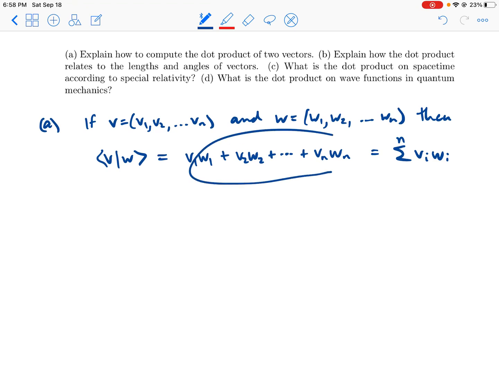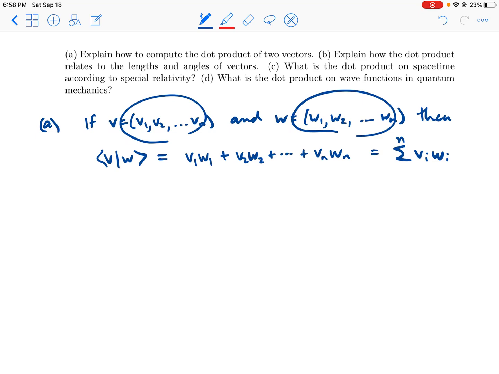That's it. This is how to compute the dot product of two vectors.